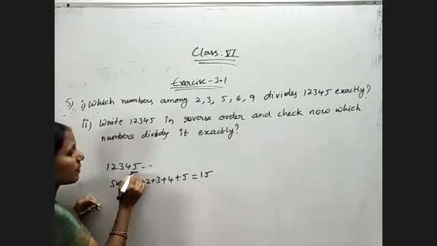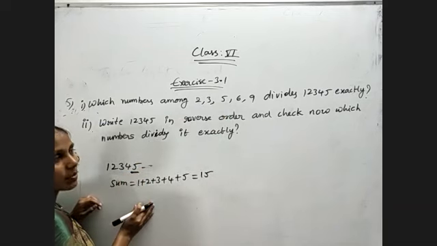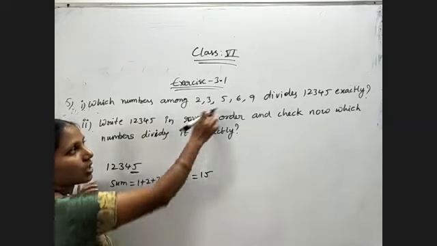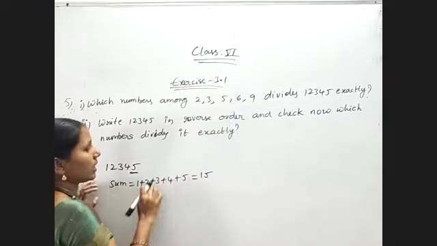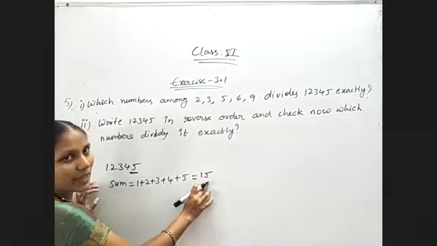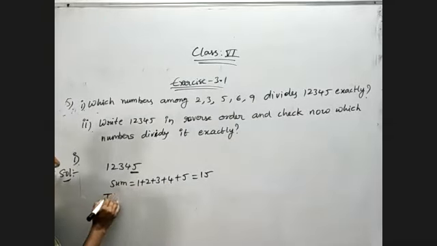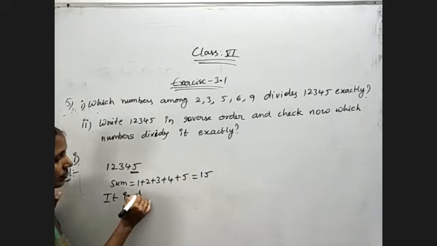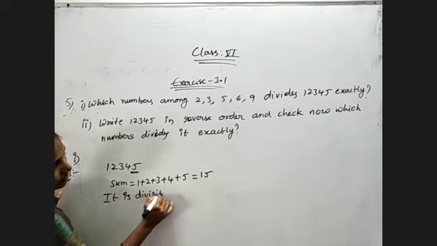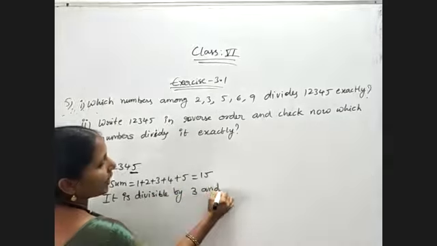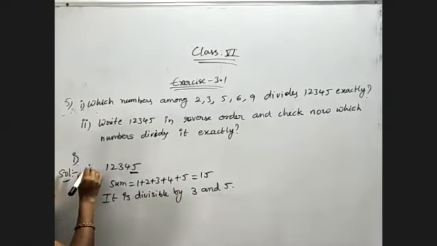Coming to 5, because 5 is there in the units place, it is divisible by 5. 6, it is not divisible by 2, so it is not divisible by 6. 9, sum of the digits 15 we got, so it is not divisible by 9 also. So it is divisible by only 3 and 5. So this is the first question.